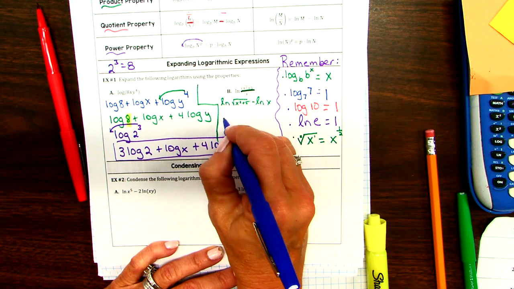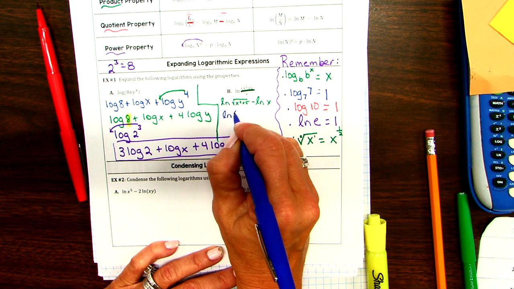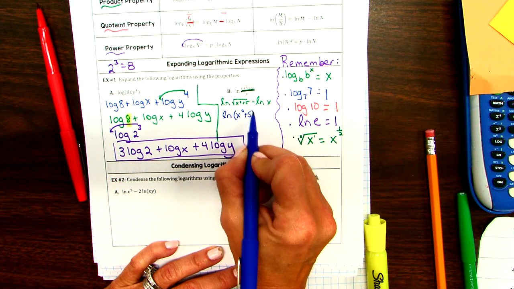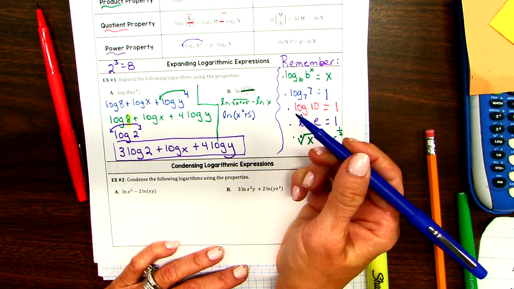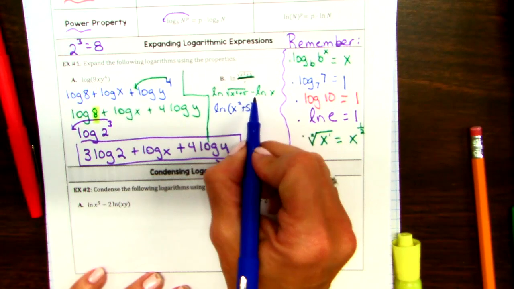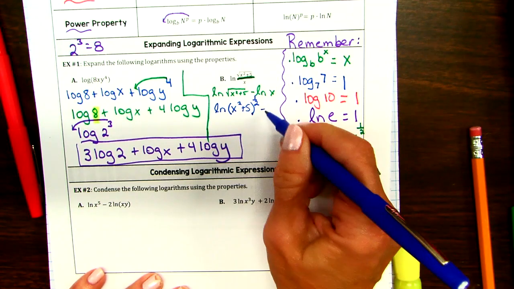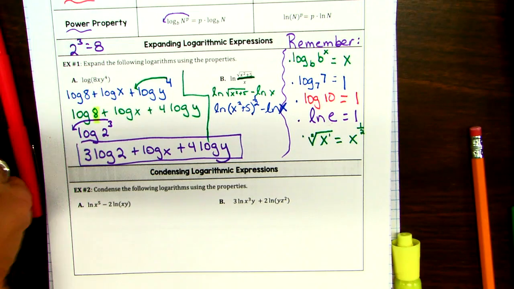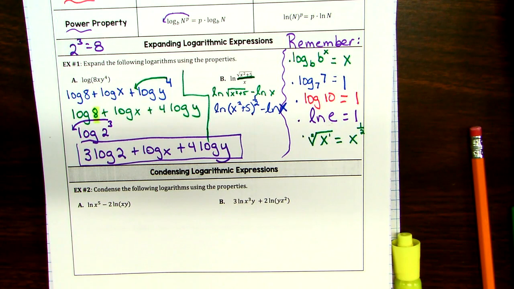So I would have natural log in parentheses. You do need the parentheses. x squared plus 5 to the power of what? What would that be the power of? 1/2, yep. Minus natural log x. And then there's only one more step, power property.